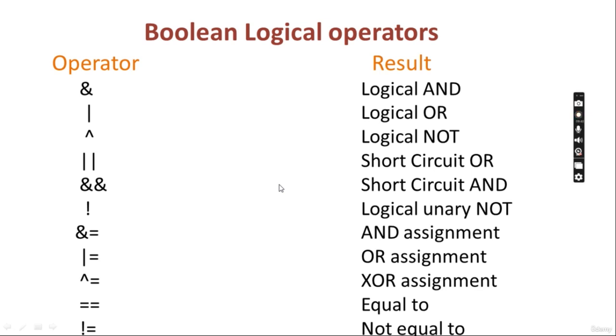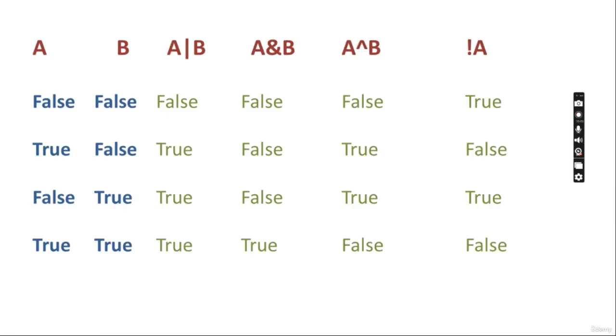So when you are using big if blocks or big while loops, where you have to check multiple conditions at the same time to perform one particular operation, you have to use these Boolean logical operators.